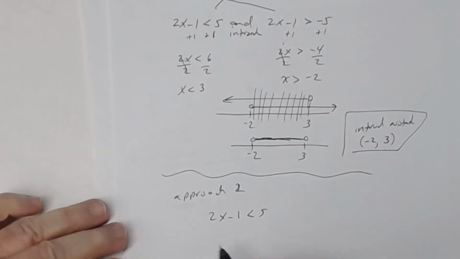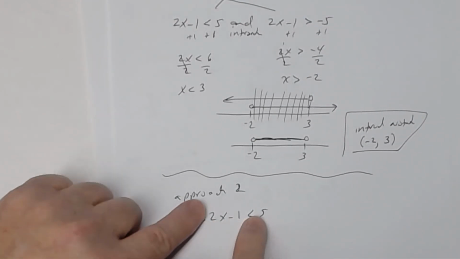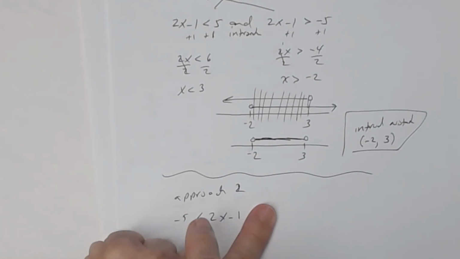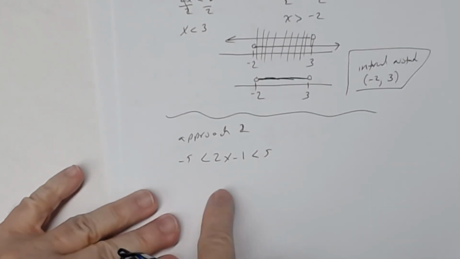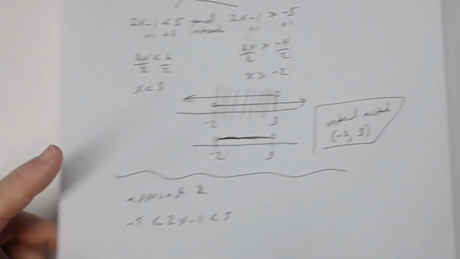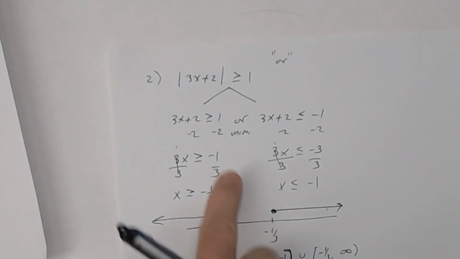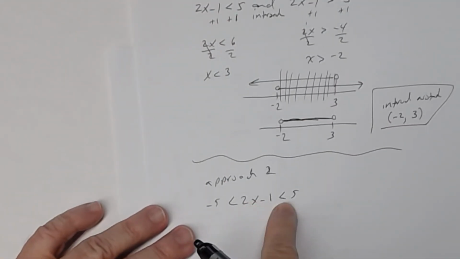Meaning that 2x minus 1 is less than 5, and at the same time 2x minus 1 has to be greater than negative 5. So with an AND statement with the less than, you can write it as a compound statement like this. An OR statement you cannot. The only way to do a greater than is to do this. You cannot write it in this form.